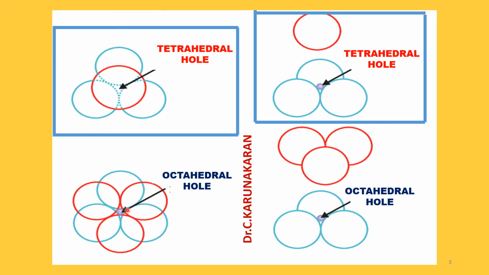So the coordination number of octahedral hole is 6. You see the atoms that fit the tetrahedral hole are very small, and the octahedral hole is a little bit bigger. So only small sized atoms can fit the cavities.